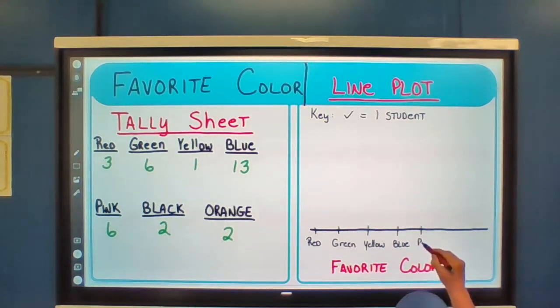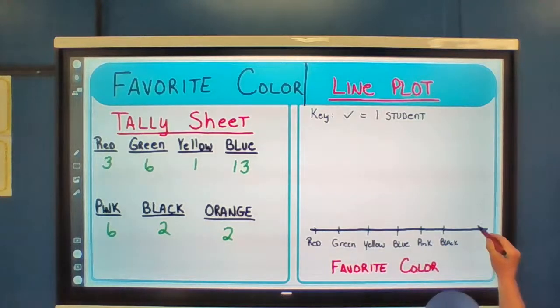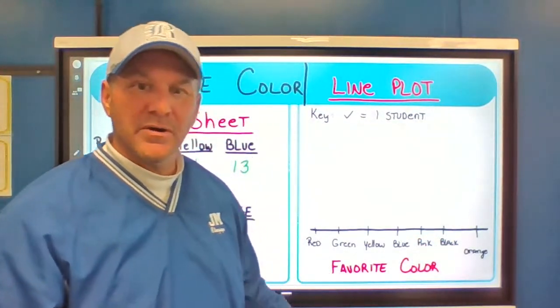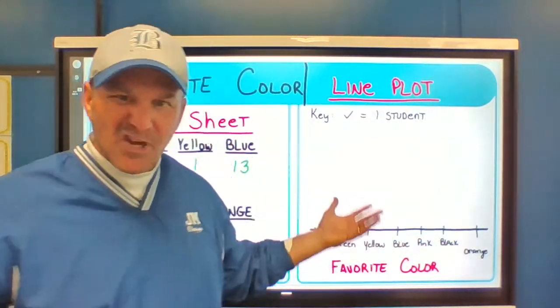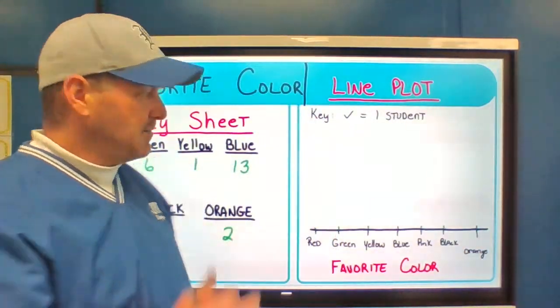Pink. Black. And orange. Now notice how I put orange a little bit lower because I needed more room. As long as I know that it belongs with that hash, I'm in good shape.